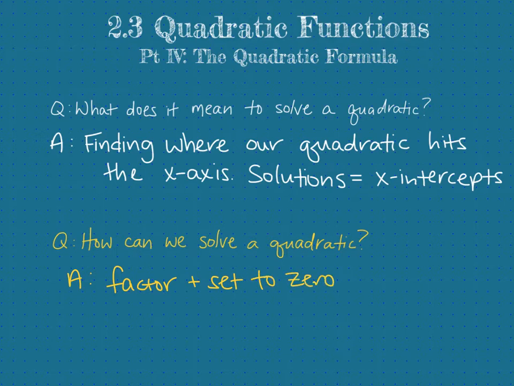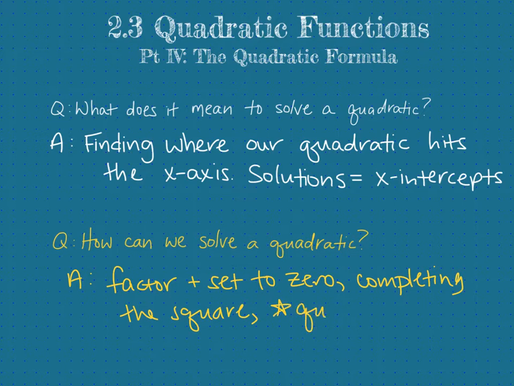Another method that we're not going to hit on just yet is called completing the square, and that's usually the least popular method for students. But the one that always works, unlike factoring, is using the quadratic formula.